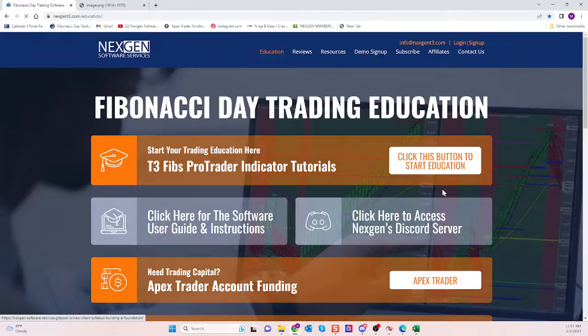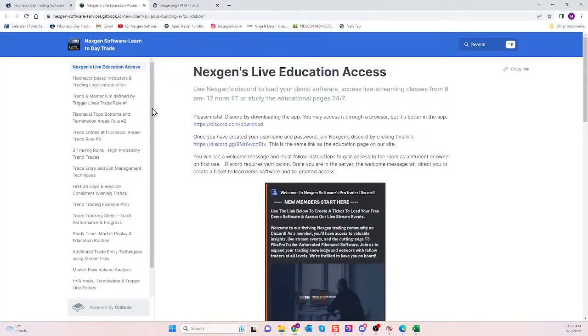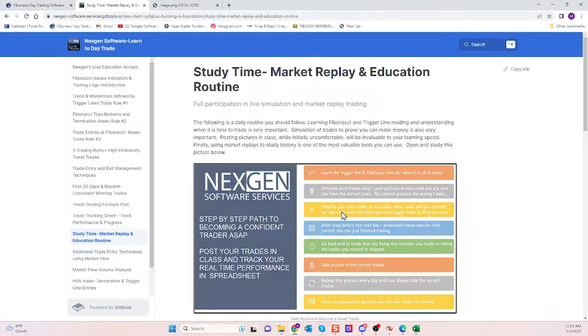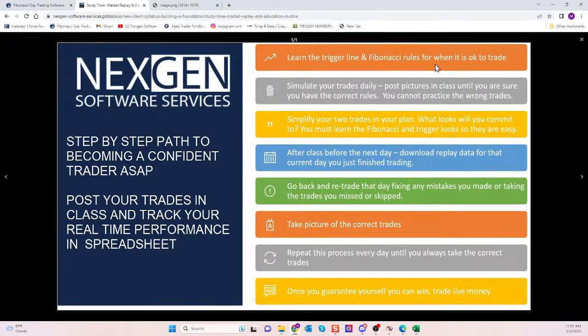Let me get to the tutorial section again. Trust comes from learning the rules for when it's okay to trade. And then trust comes from seeing them so often that it becomes easy.